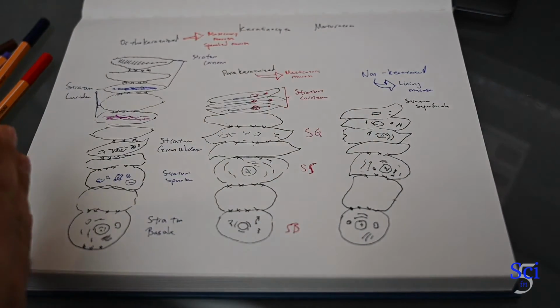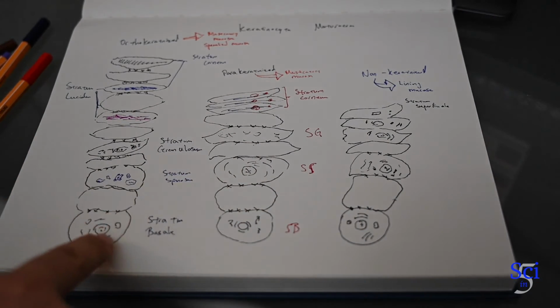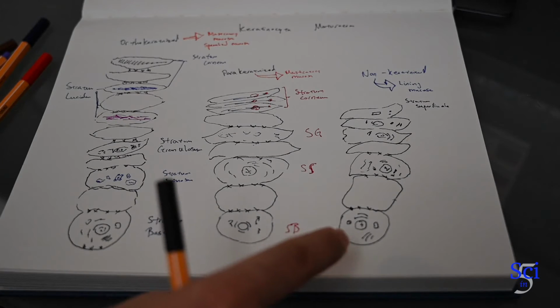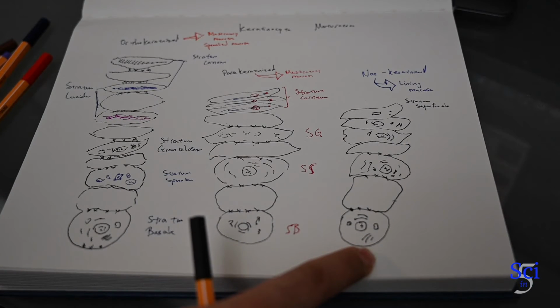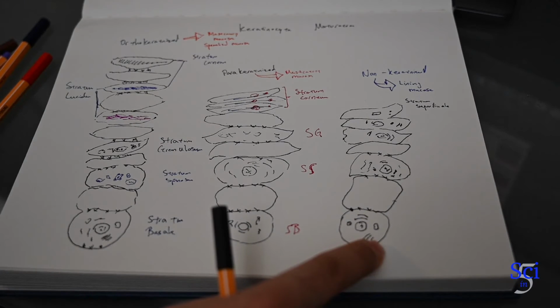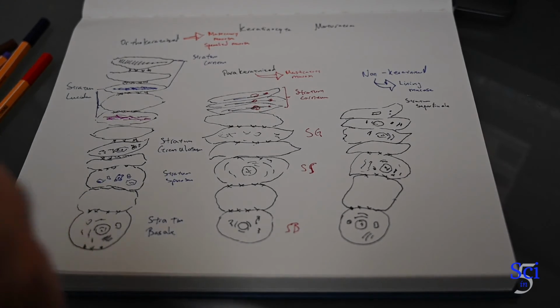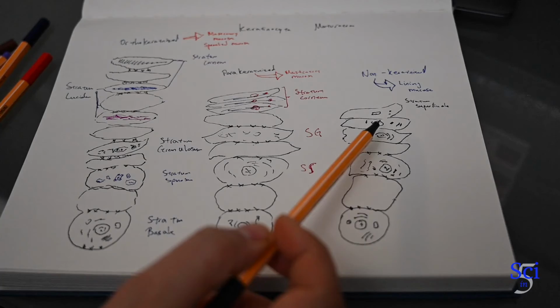As we're going from left to right, what's happening is we're finding nuclei in the top layer, and we're finding organelles. And as we go more towards the right, we're finding more organelles compared to before where we saw no organelles. One thing that's remaining consistent is the top layer is always flat.